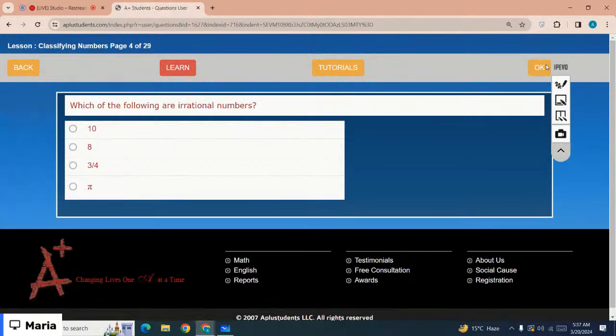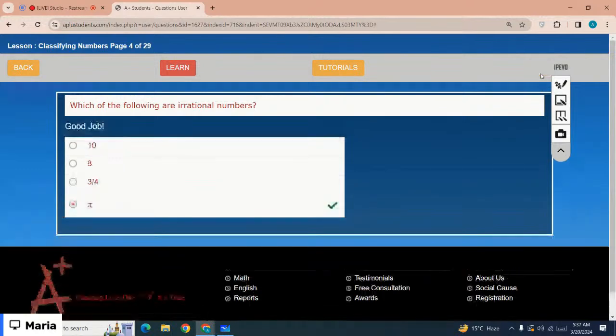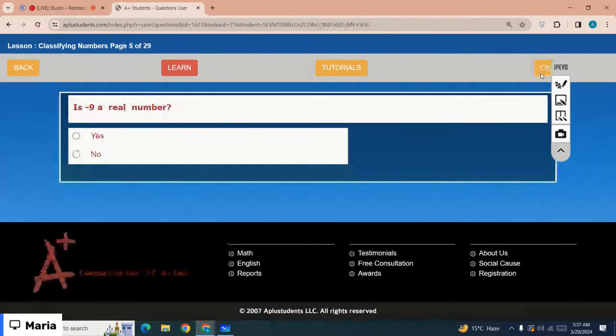Which of the following is an irrational number? Pi is an irrational number, right? The correct option is pi. Is negative 9 a real number?